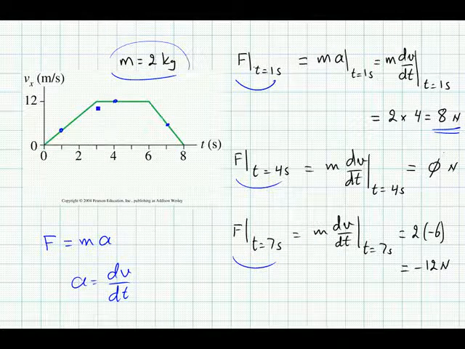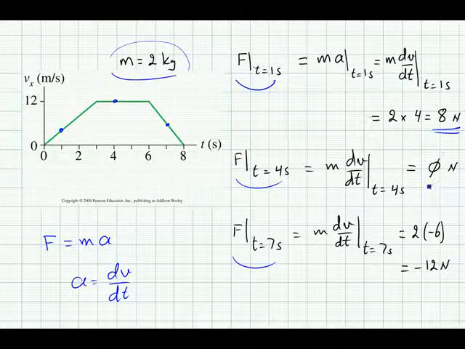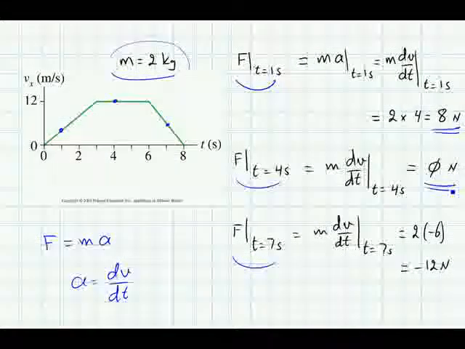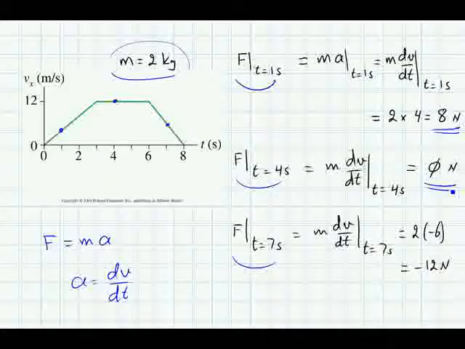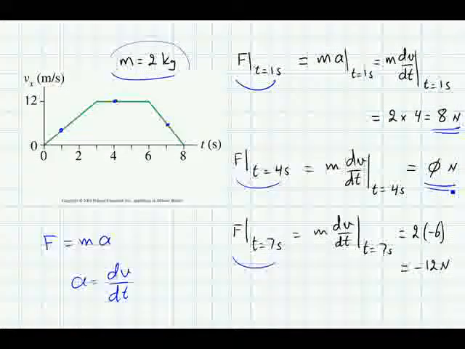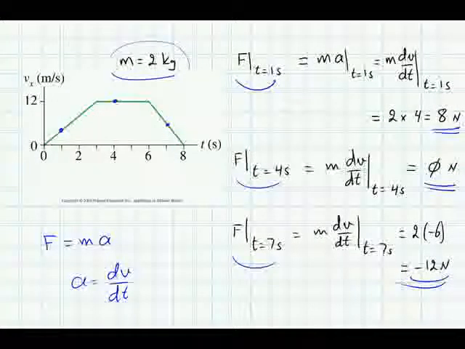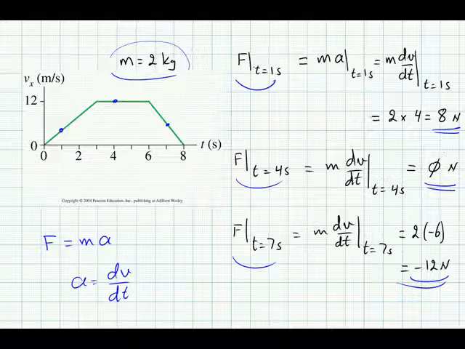At 4 seconds we have another straight line with 0 gradient, which means that the force is equal to 0 newtons. And at t equals 7 seconds we have a negative slope of minus 6 meters per second squared, which results in a force of negative 12 newtons acting on the body.